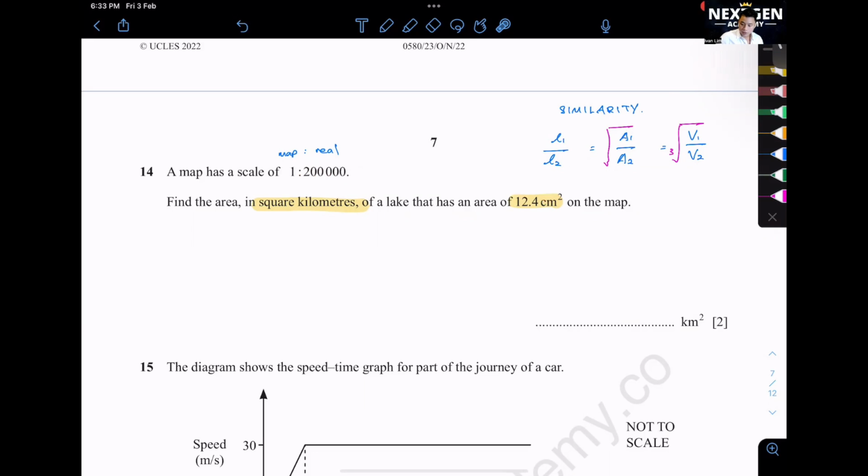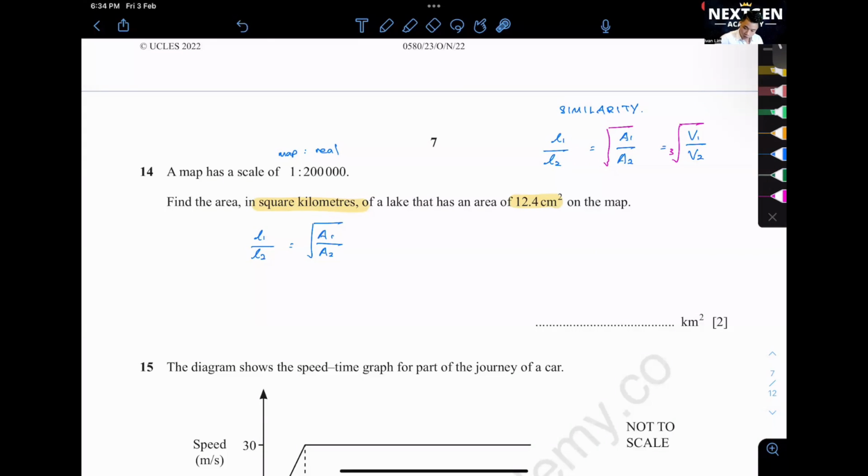Because this is length, this is area. So what I'm going to do is use length 1 over length 2 equals area 1 over area 2 square root. Then which one should we put on top? Because you see, they want us to find area of the real one, right?